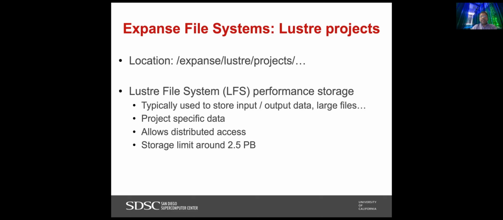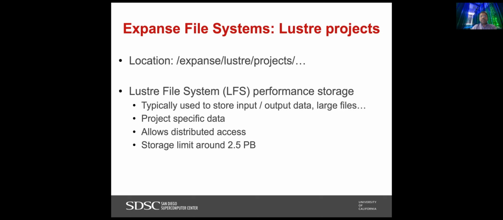The storage limit, again, this is the total storage that we normally are allocating there, but it's an allocated space. So when you go to request an allocation, when you ask for Expanse project storage, this is what we mean. This is where it ends up.